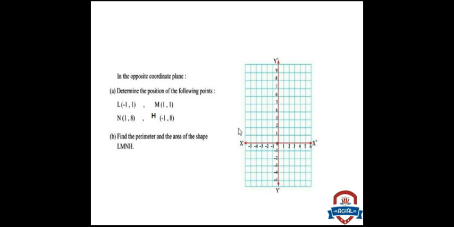We had studied before that a point in the coordinate plane is represented by an ordered pair formed from two places, X and Y. The first place represents the point on X, and the second place represents the point on Y. So to represent this point, we go to -1 on X and 1 on Y.